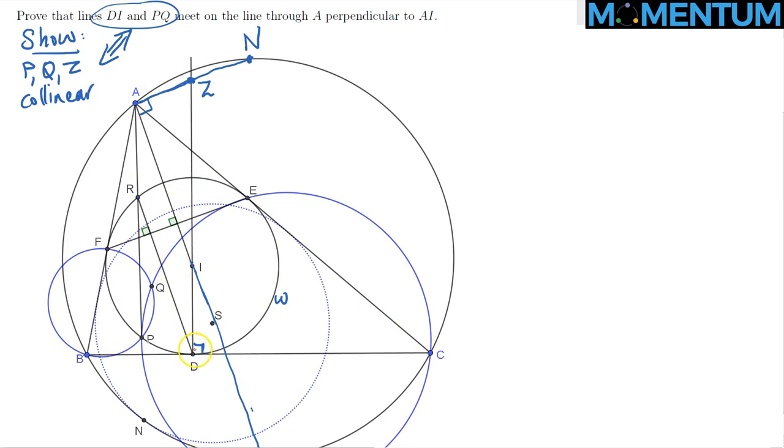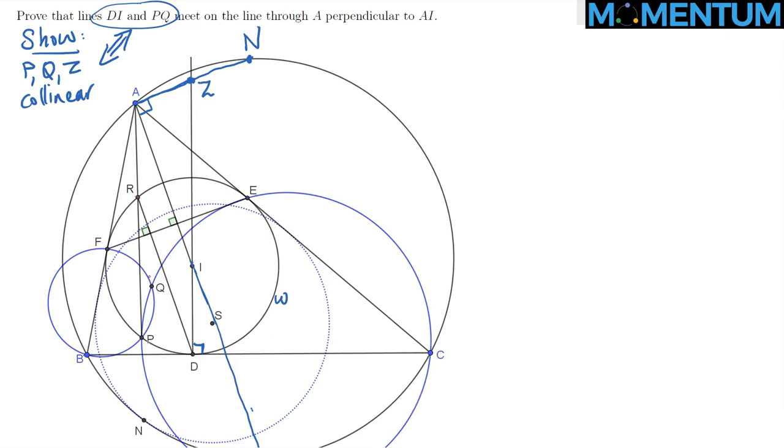We draw from the touch point D of the incircle a perpendicular to EF. E and F are the other touch points of the incircle. So that point here we marked as R. AR extended meets the incircle at P. We draw the circumcircle of PBF and the circumcircle of PCE, we let them intersect at Q, and that's how far we came.